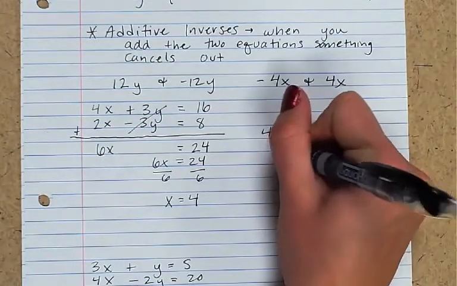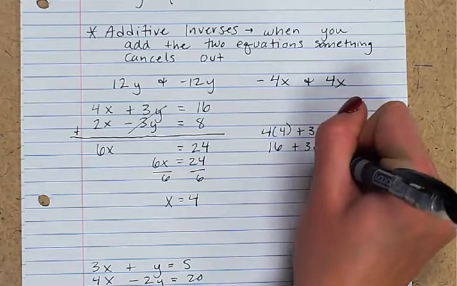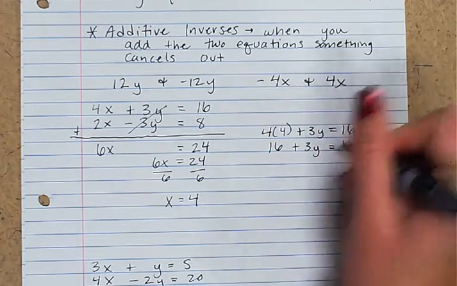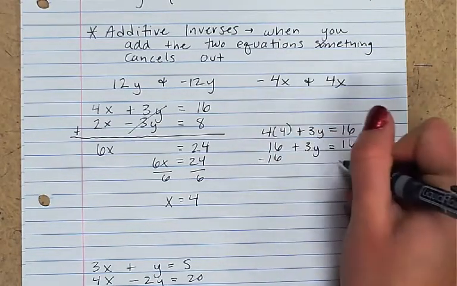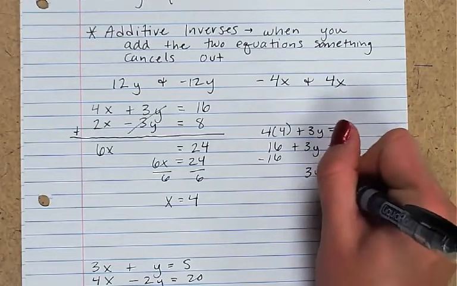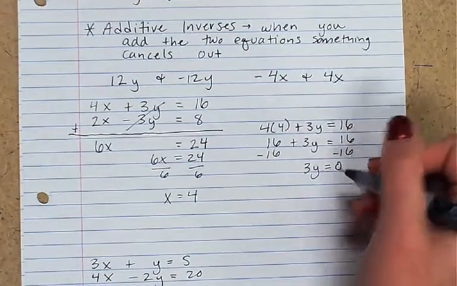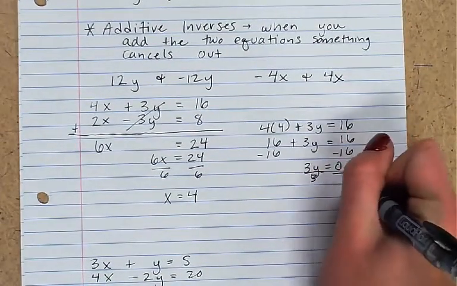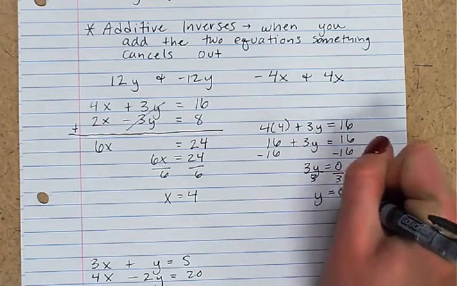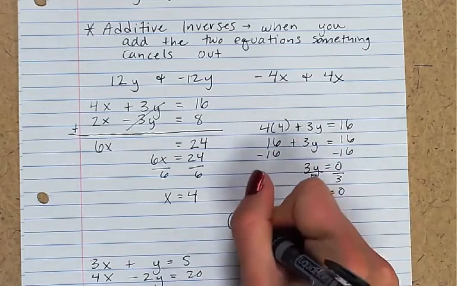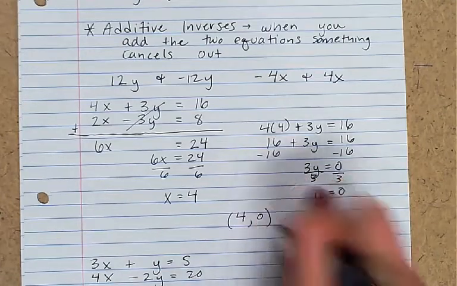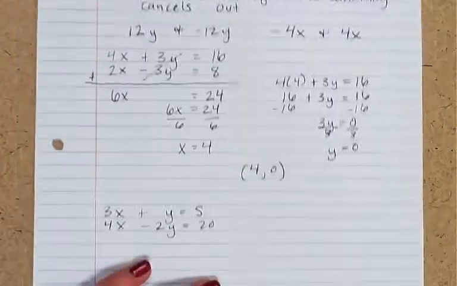We multiply this first, so 16 plus 3y equals 16. Subtract 16 from both sides, so we get 0 on the right, and then divide by 3. We write our solution as an ordered pair. The solution to this system of equations is (4, 0).